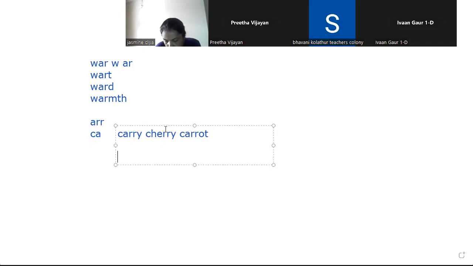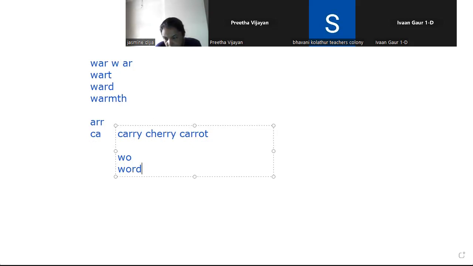Now we have said that W followed by A gives the O sound. Now can you tell me W followed by O will give what sound? Only O is there.